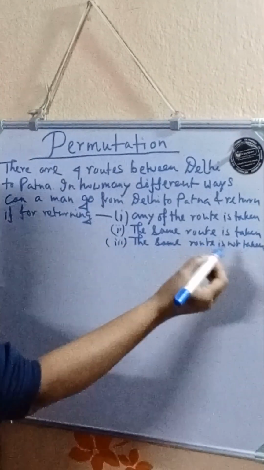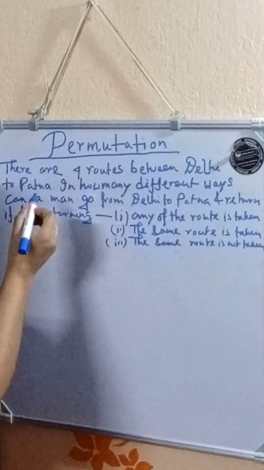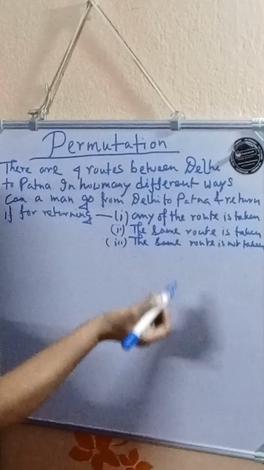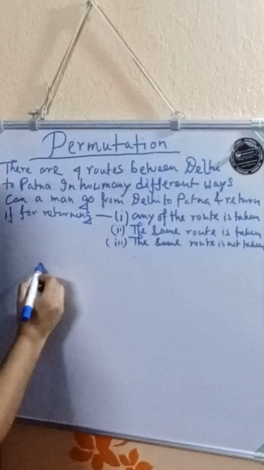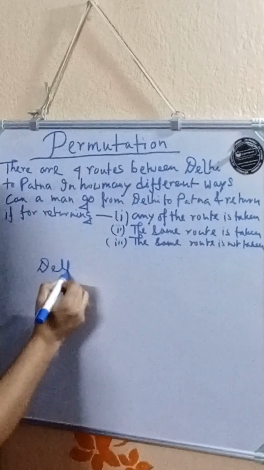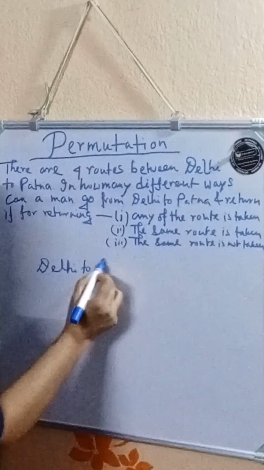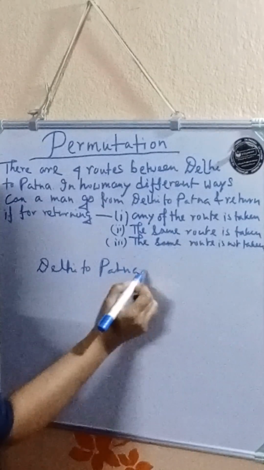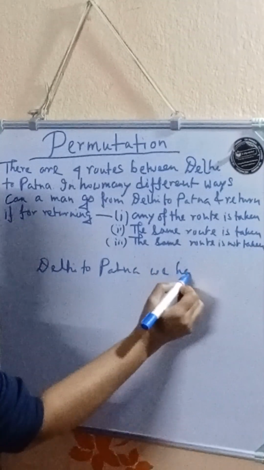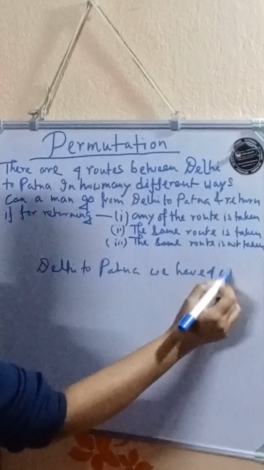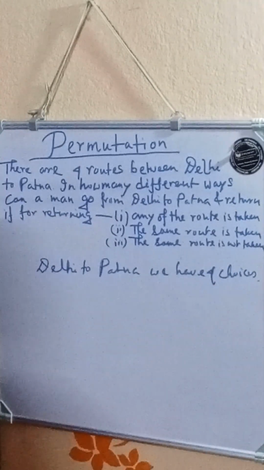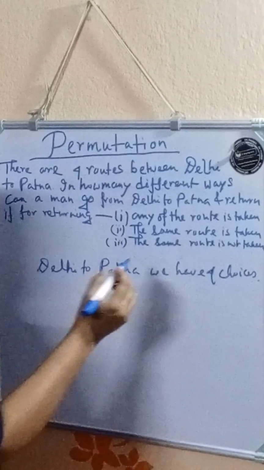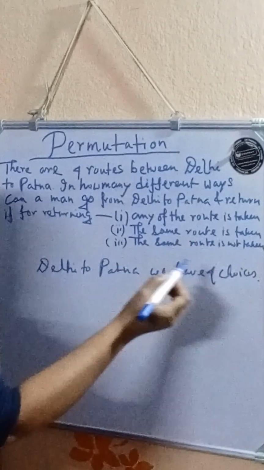Now, if the same route is taken, when we go from Delhi to Patna, we have 4 choices. But when we return from Patna to Delhi, the same route is taken.